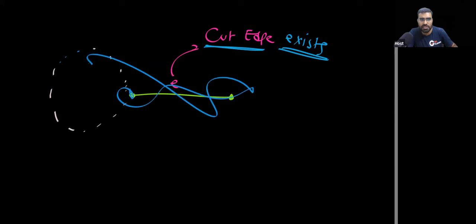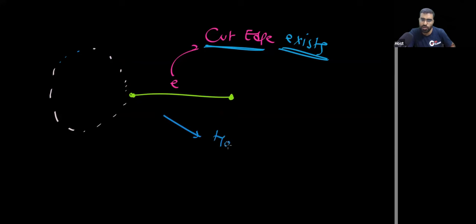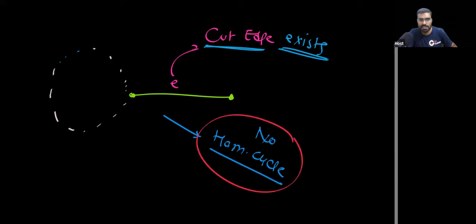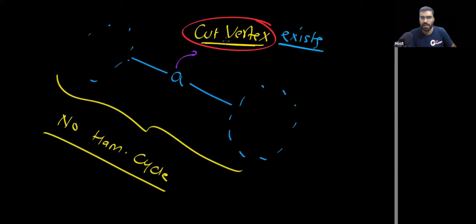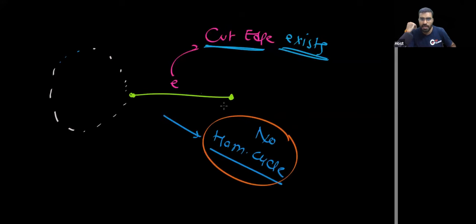So if a cut edge exists, then also we have no Hamiltonian cycle. So if a cut edge or a cut vertex exists, there will be no Hamiltonian cycle. Is this clear, Sandeep?